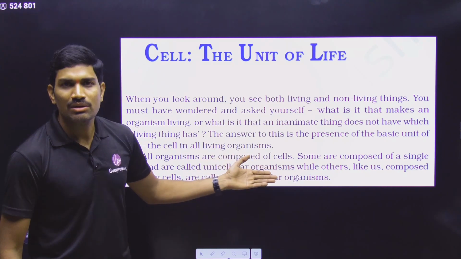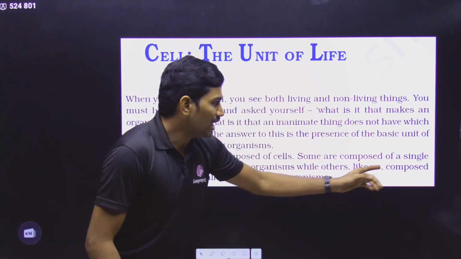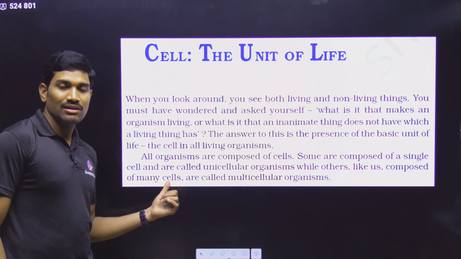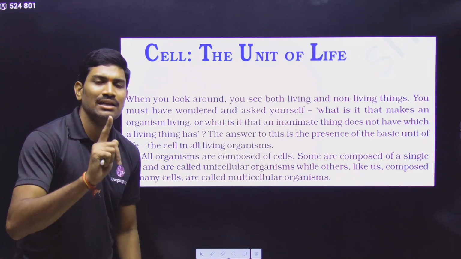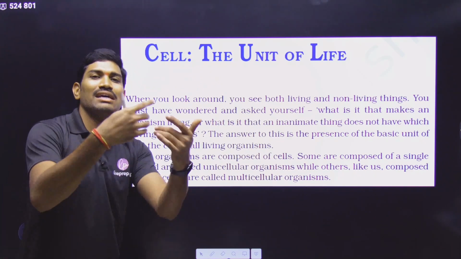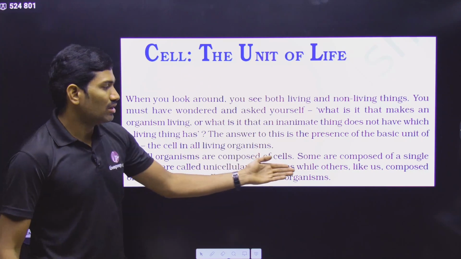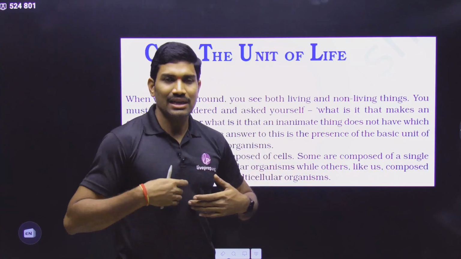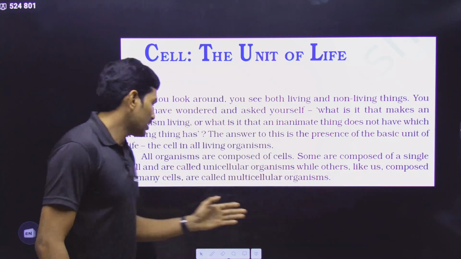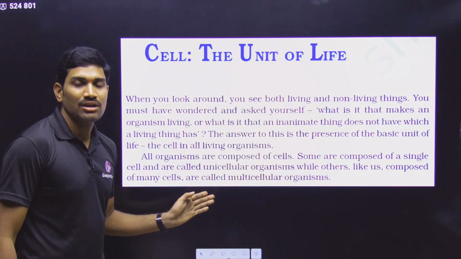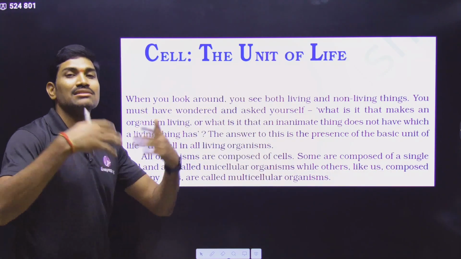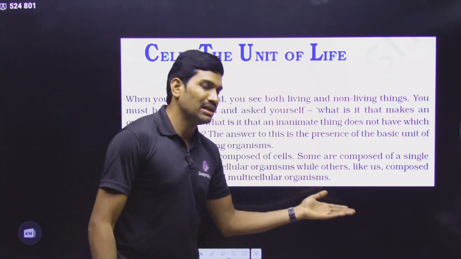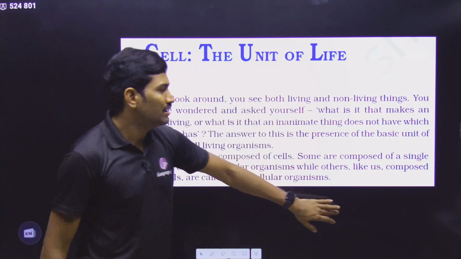So all the organisms are made up of cells. Some are composed of a single cell. Some organisms have only a single cell, and that single cell itself is called an organism. These are called unicellular organisms. While others, like us, like humans, are composed of many cells. So if a single organism has many cells, then it is called a multicellular organism. That's what they have given in the NCERT.